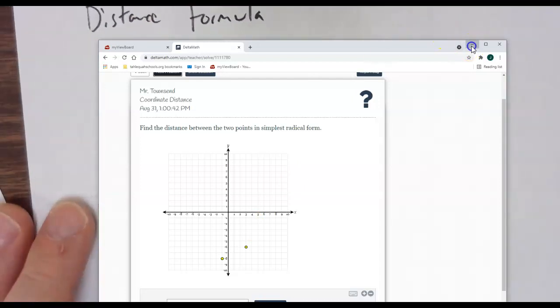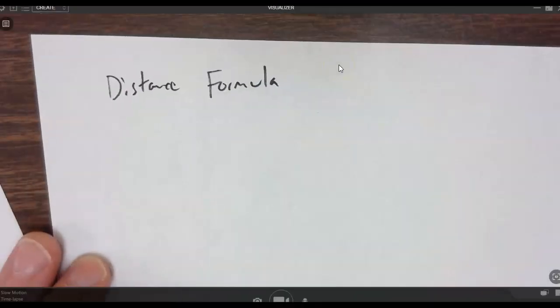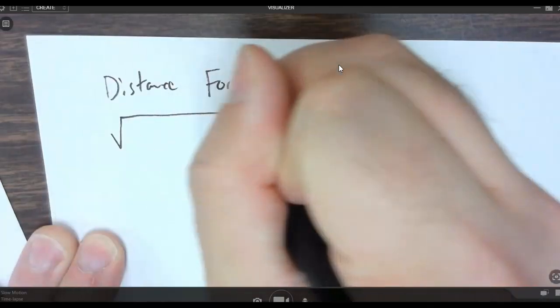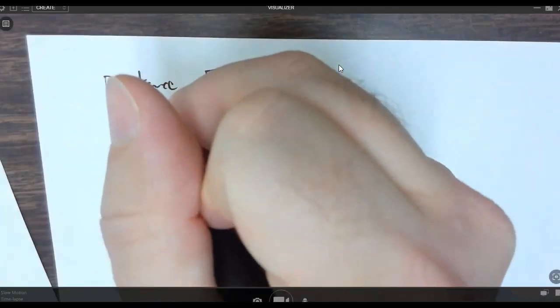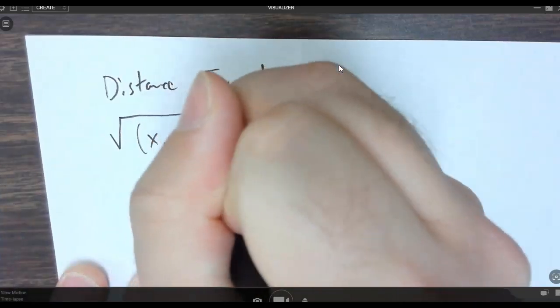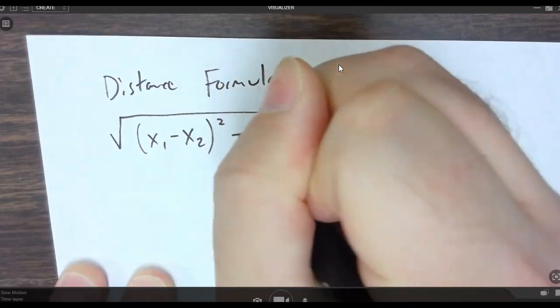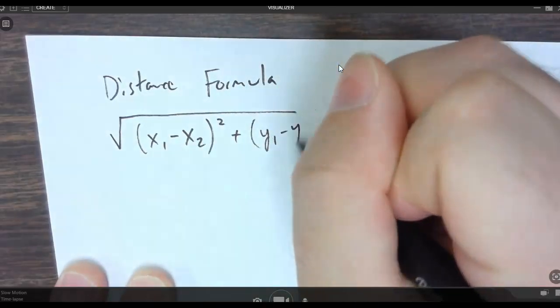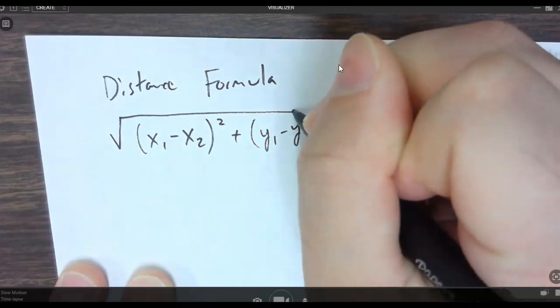But let's write the distance formula down first. It is the square root of the difference in x's squared added to the difference in y's squared.